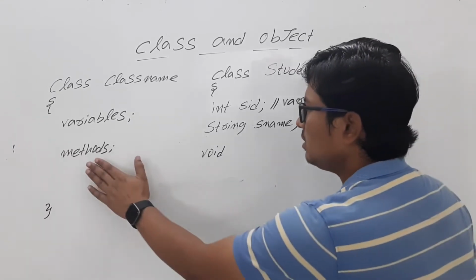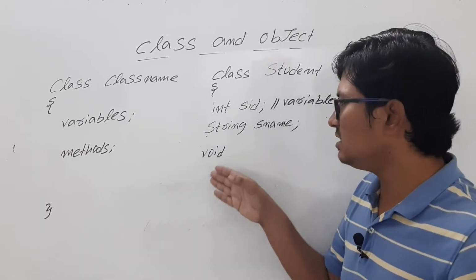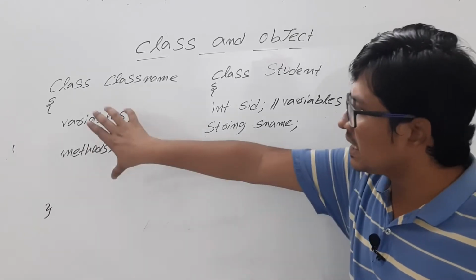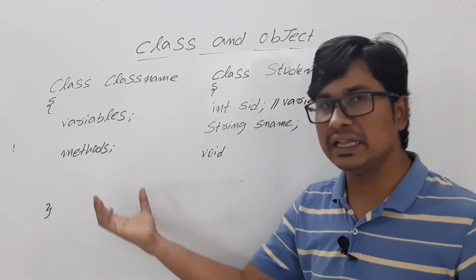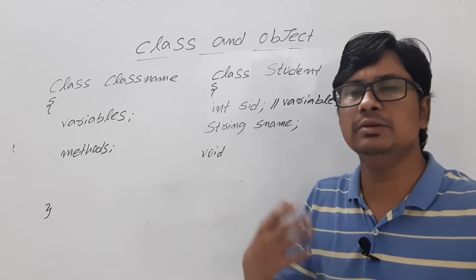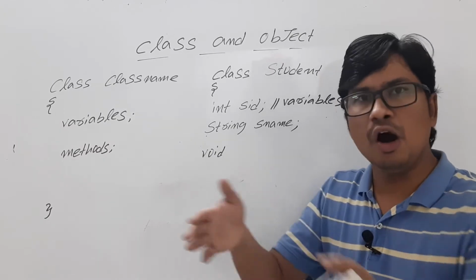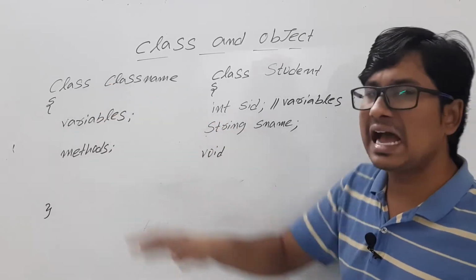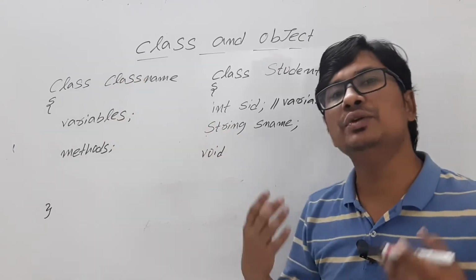See, method is not a new name. If you know what a function is, then you can easily understand a method, because if you keep a function in a class, then we call it a method. In C programming or C++, you can define a function outside the class also. But Java is a pure object-oriented programming language, so everything you need to write in the class.